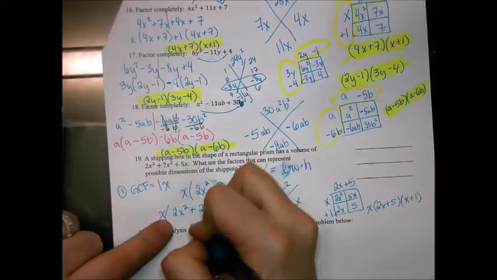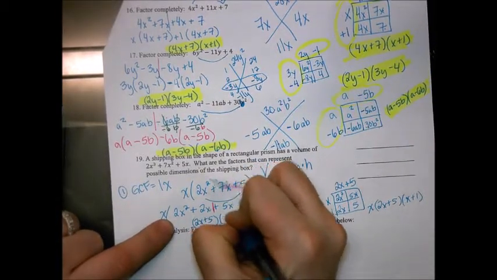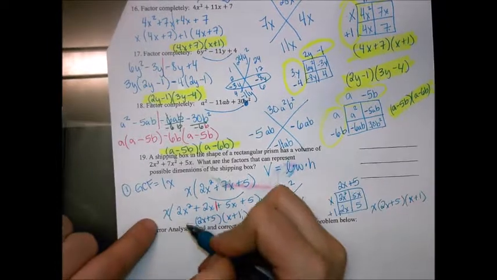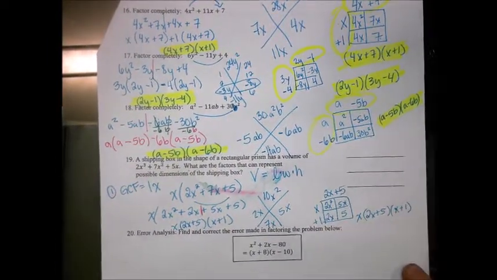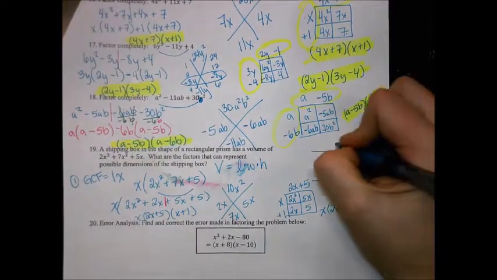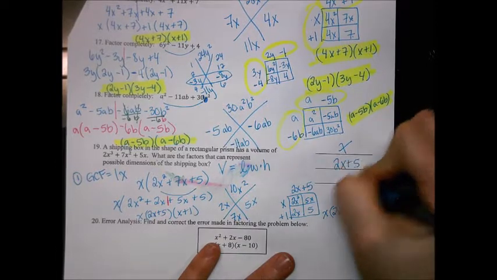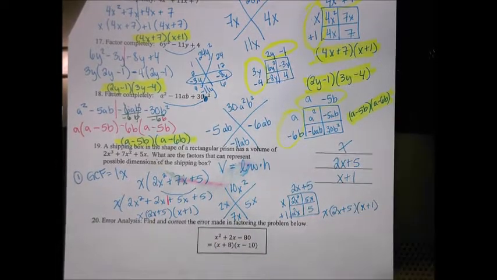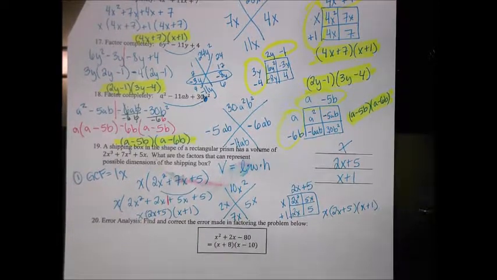So you're still going to get 2x plus 5 and x plus 1, but the x is still out in front. That means my three different dimensions are x, 2x plus 5, and x plus 1. You can write these in any order, but they all need to have those values.